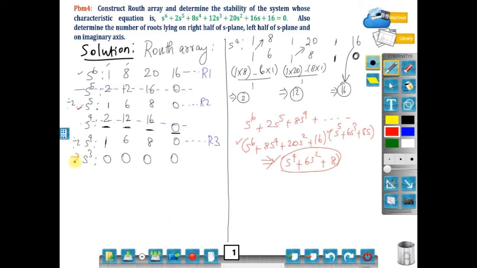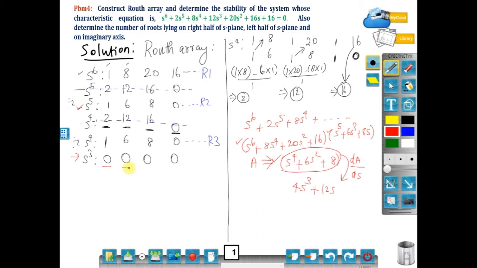If you want to reduce the order, you differentiate this equation. Consider this as equation A. So dA by ds will give the next lower order of that same equation: 4 s power 3 plus 12 s. What we actually need for the row s power 3 is the coefficient of s power 3 and the coefficient of s power 1.